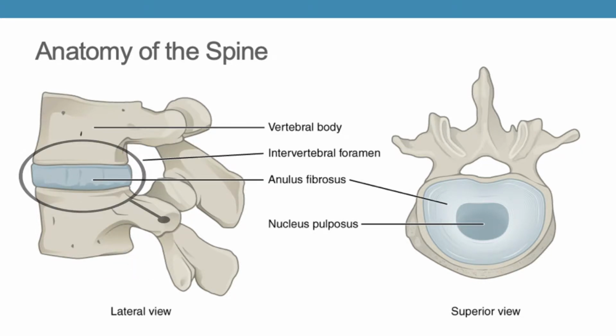And the intervertebral disc is made up of the annulus fibrosus, which is the outer portion of the disc, and then the nucleus pulposus, which is the center of the disc. And the outer portion, that annulus fibrosus, is made up of a stiffer material, what they call fibrocartilage, that is really able to withstand a lot of the compressive forces that occur when the spine is loaded.